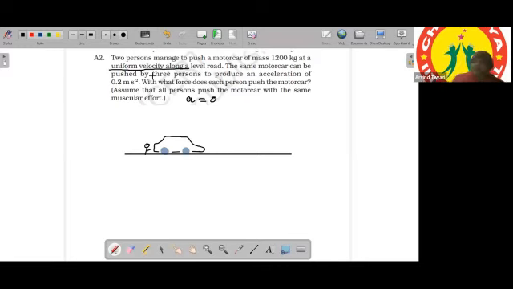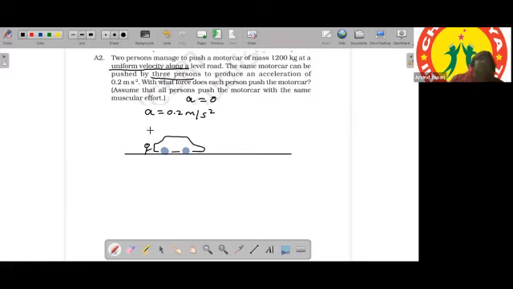Okay, see here. When two people are pushing the car, you have zero acceleration as it is moving with a uniform velocity. Now, in the question, when three people push it, it has an acceleration of 0.2 meter per second squared.